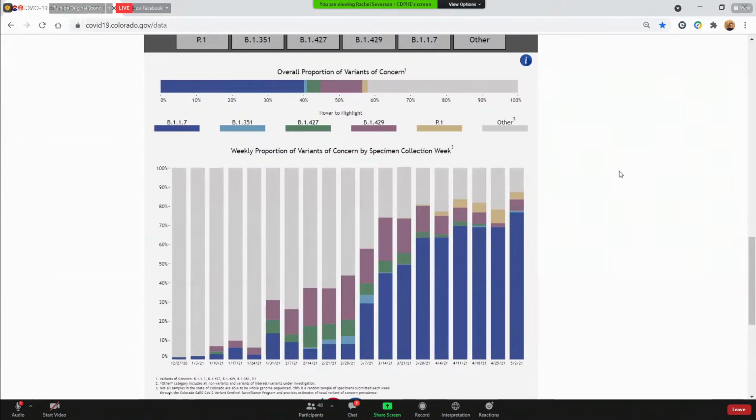So this is meant to be representative of the proportion of variants that are in the state right now. And if you click on the blue info button on the top right here, there's a link that takes you to a CDC page with more information about each of those variants.